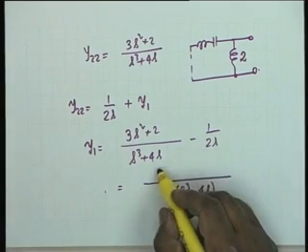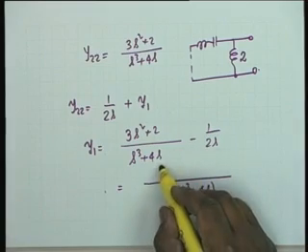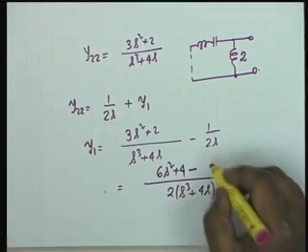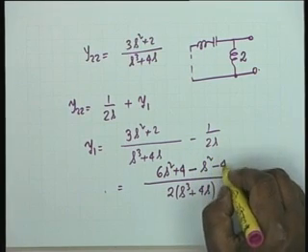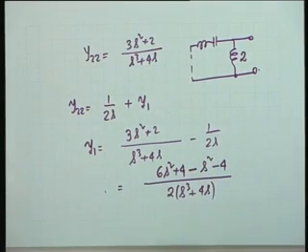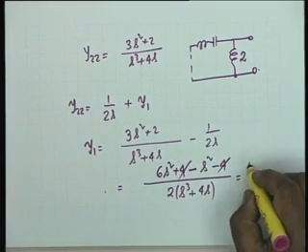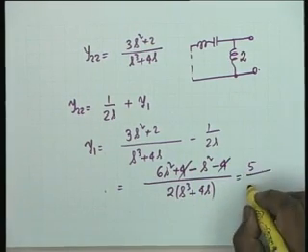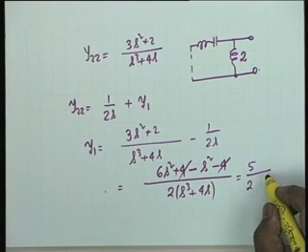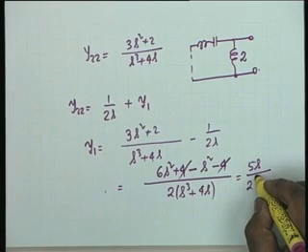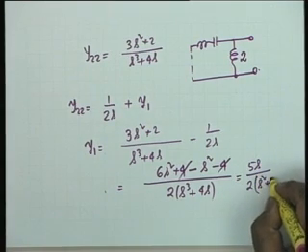Then 6s square plus 4 minus s square minus 4. Is that okay, my simplification? 4 and 4 cancel, so it is 5s square plus 2, it is 5 by 2 only, 5s divided by 2 (s square plus 4).